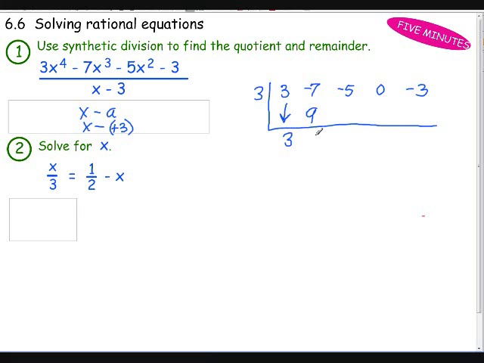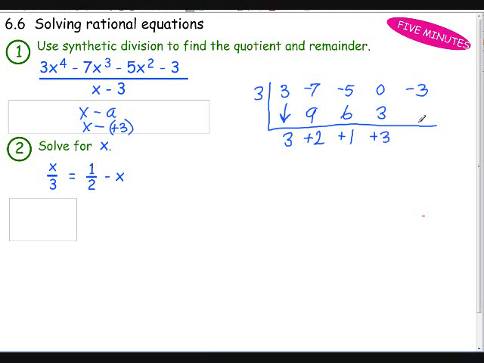Now we add, so we have a plus 2, positive 2. We multiply these, 6. We add, plus 1. We multiply, a positive 3. We add.